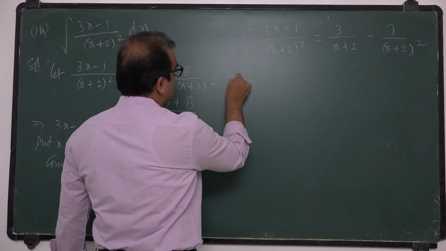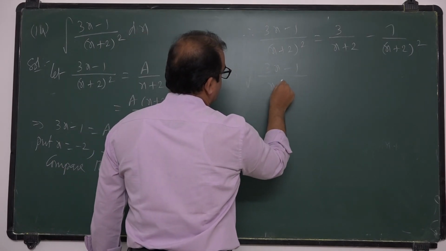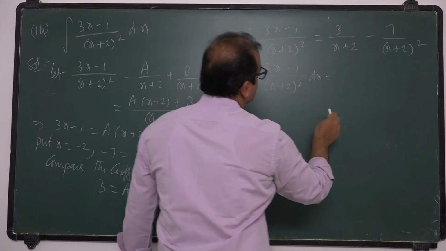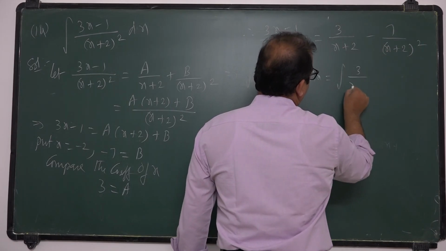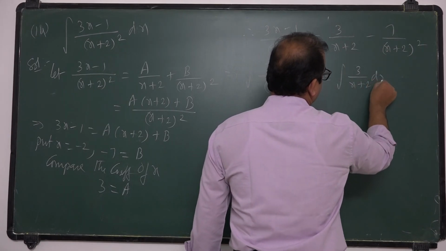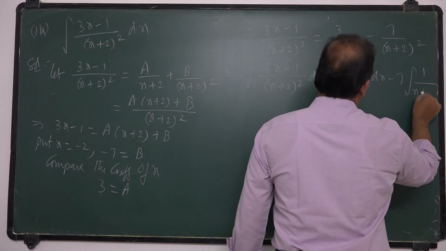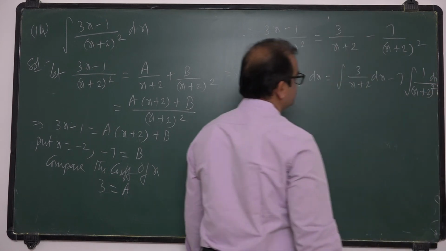Take integration on both sides. Separate the integration: 3 by (x plus 2) dx minus 7 into 1 by (x plus 2) whole square into dx.